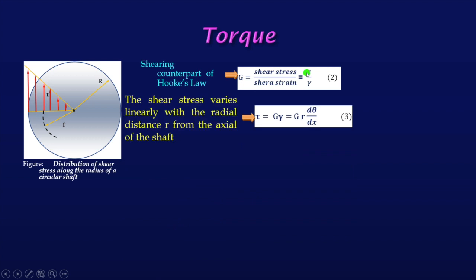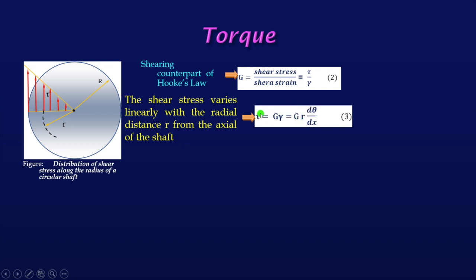So tau equals gamma into G, and substituting the value of gamma from the previous equation, gamma equals r d theta by dx. We have proved that gamma equals r d theta by dx. So finally tau equals G r d theta by dx.